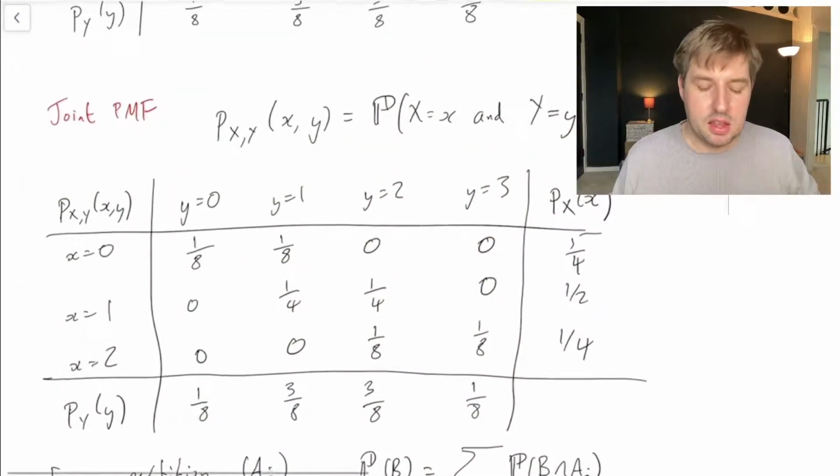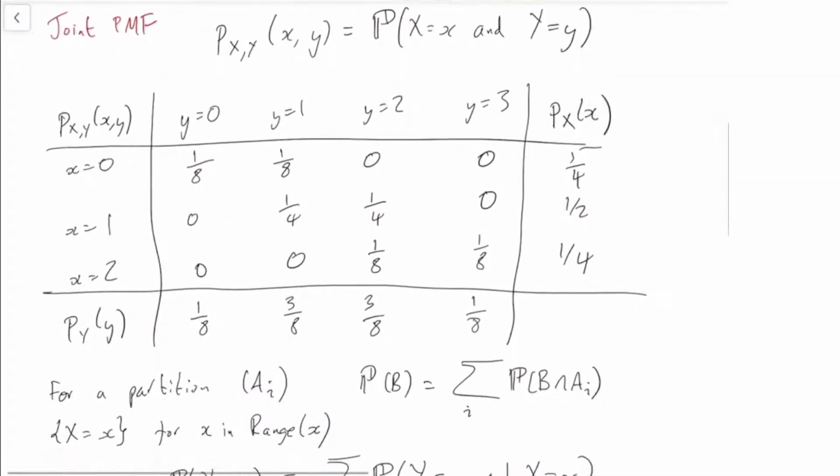If we go back to the coin tossing example we had at the beginning, is this independent? Well, let's just take x equals 0, y equals 1. The joint probability there is 1/8. But if we look at the two marginal probabilities, they're a quarter and an eighth.